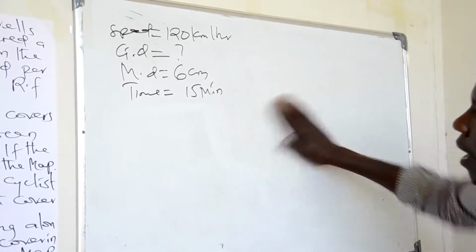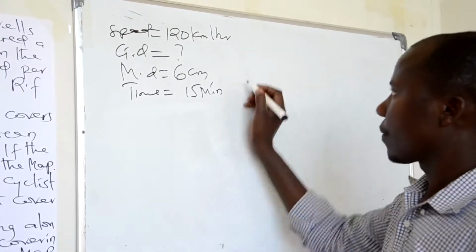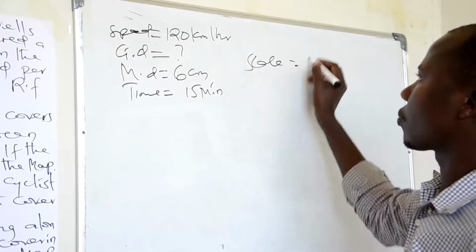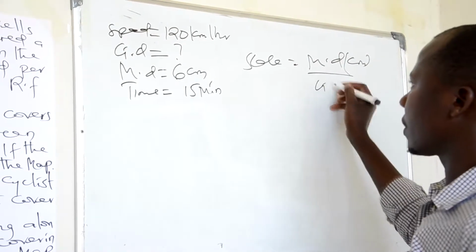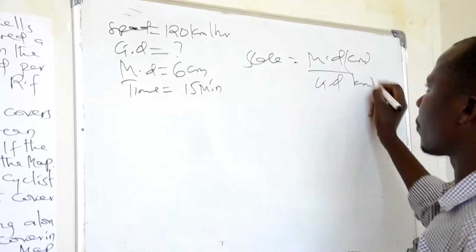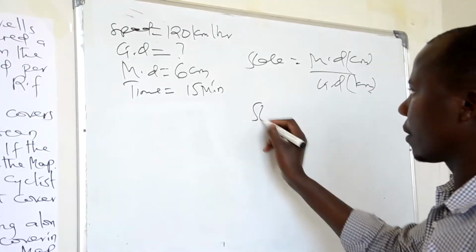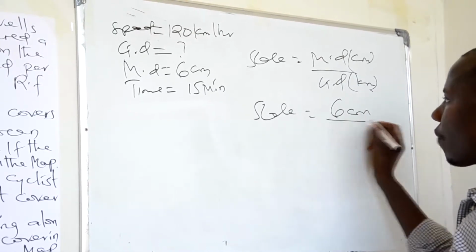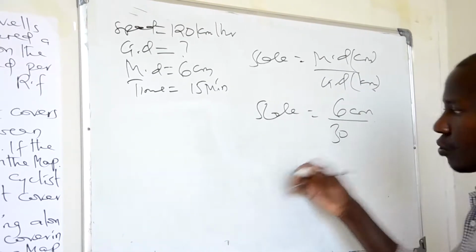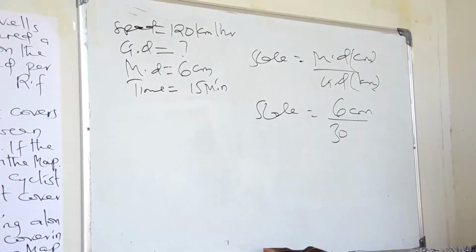You say scale is equal to map distance in terms of centimeters over ground distance in terms of kilometers. But the map distance we have, scale is equal to 6 centimeters on the map over 30, which we obtained when we were calculating from the speed.